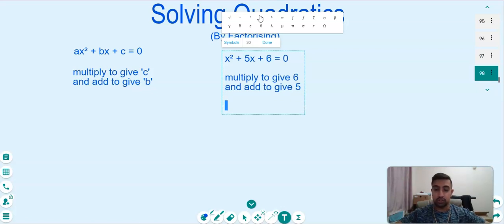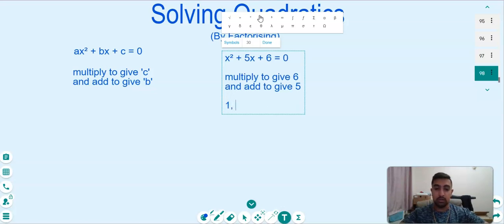However, if you're not sure what those two numbers are, what I recommend is taking the number that you need to get as an answer when you multiply, and write out all of the factors for that number. So in this question, the number we have to try and multiply to get is 6. So I'm going to write down the factors of 6.